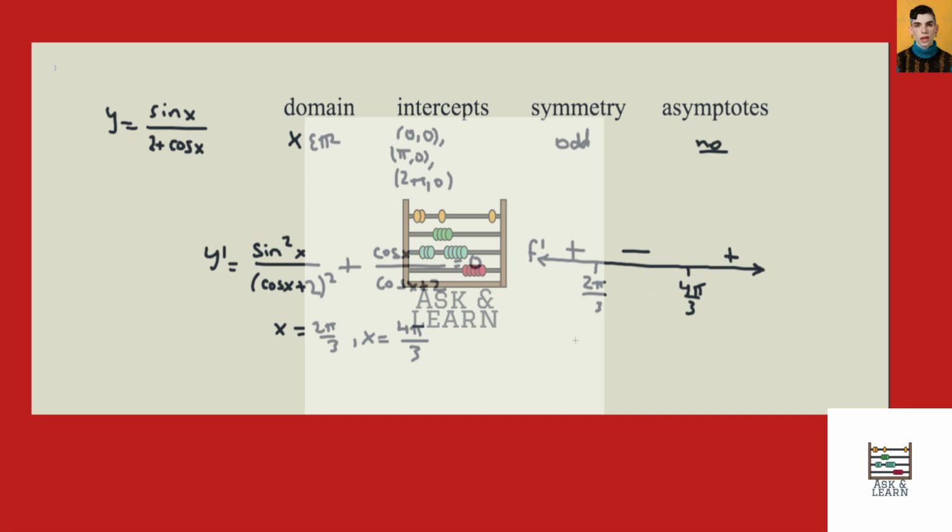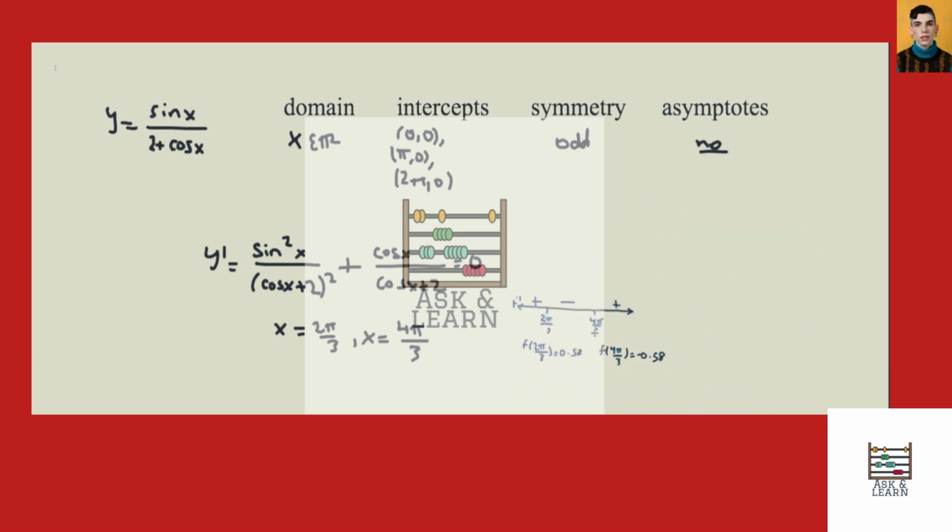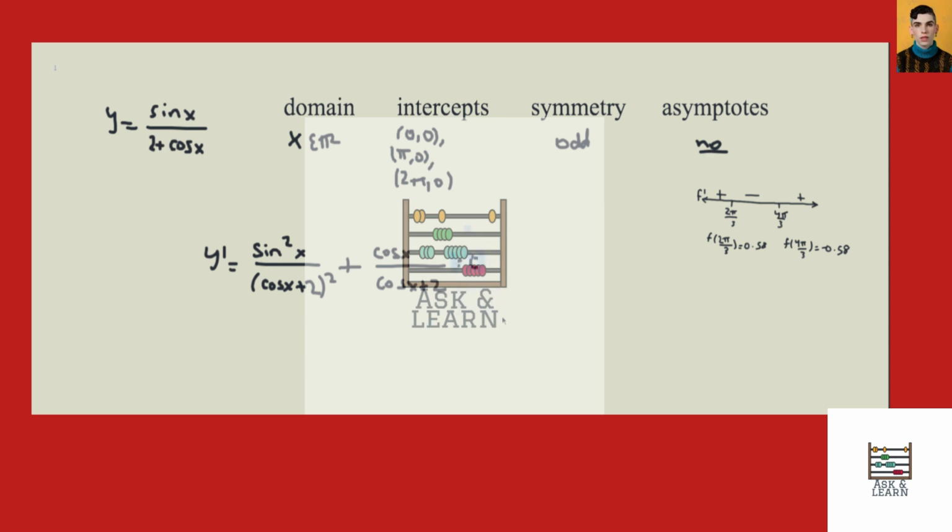All right, and just so we know, f of 2 pi over 3 gives us 0.58, and f of 4 pi over 3 gives us negative 0.58. All right, so this is the first derivative test, which tells us increasing and decreasing intervals. And now we can solve for the second derivative to test for concavity.